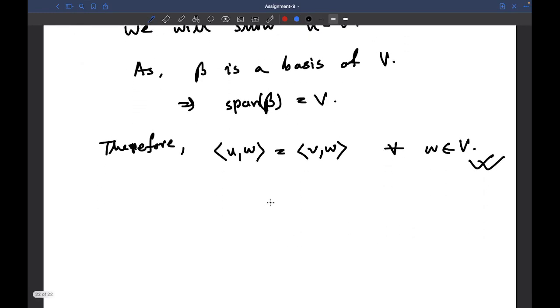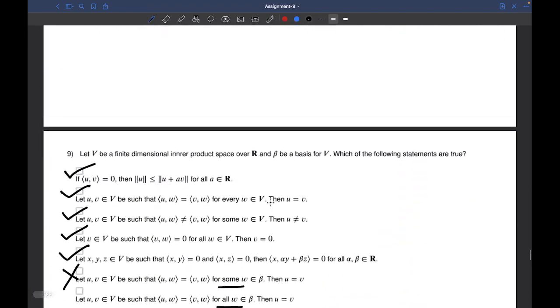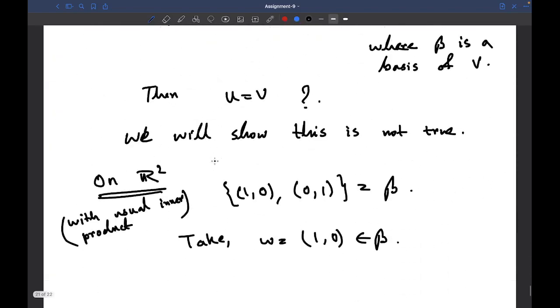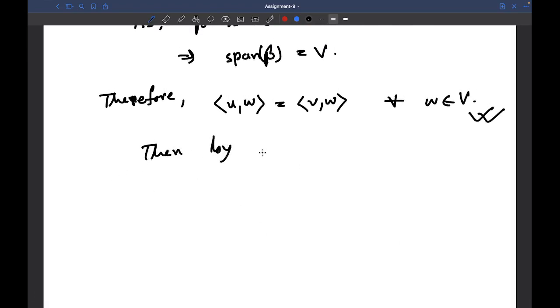So we have shown this, and then by option 2 we are done. Then by option 2 we get U equals V, right?